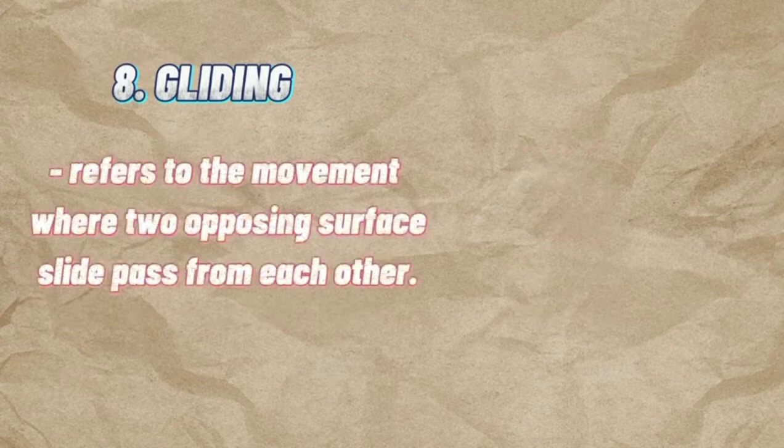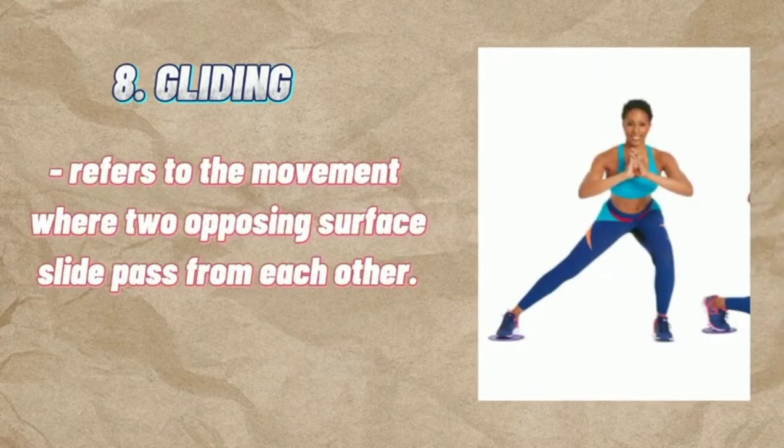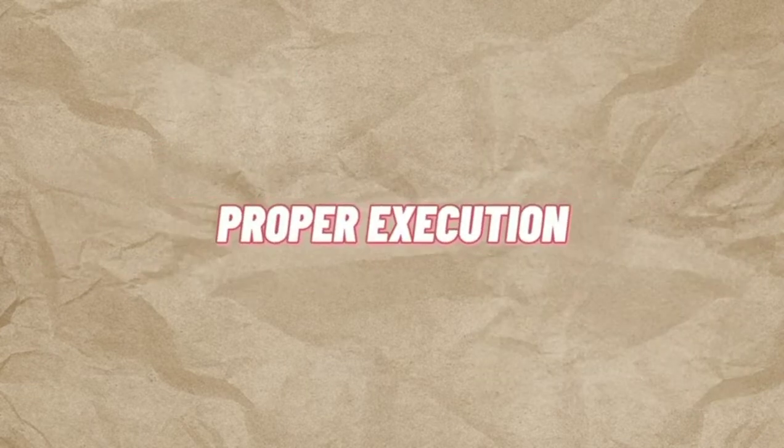The eighth movement is gliding. It refers to the movement where two opposing surfaces slide past each other. Here is the proper execution.